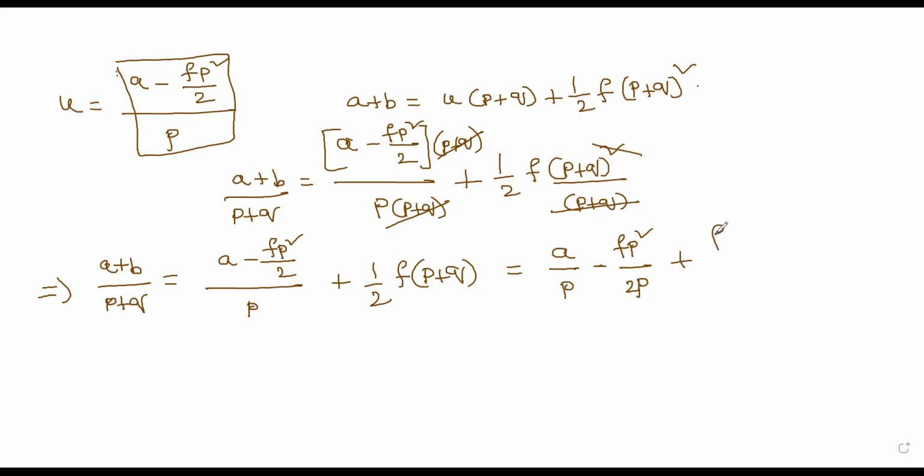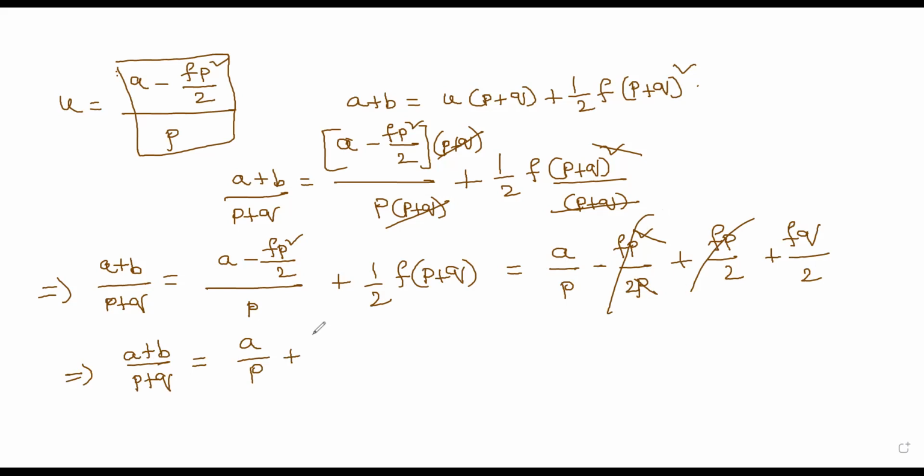So it is fp divided by 2 plus fq by 2. This is what we are going to get. Now let us cancel this off. So fp by 2 is out, cancelled. Now you have the equation a plus b by p plus q. You are left with a by p plus fq by 2. This is what we got.